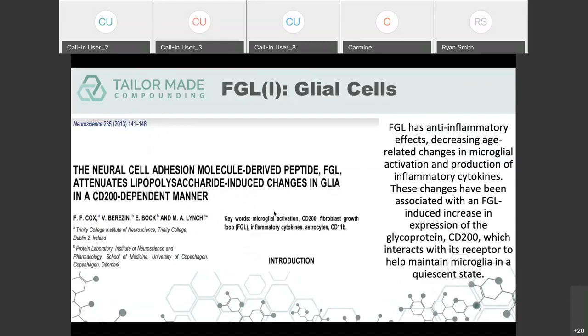And what we see is that it has significant anti-inflammatory effects and can even affect age-related changes in microglial cell activation and inflammatory cytokines. And it does that through a mechanism where it reduces the expression of CD200, which interacts with its receptor to maintain microglia in a quiescent state, which is exactly what we want.